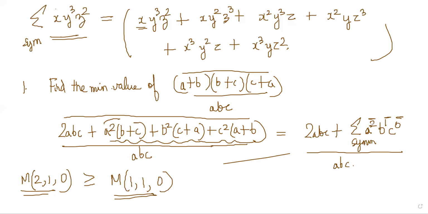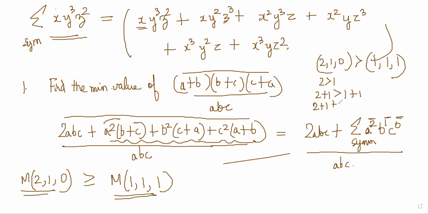Not 110 actually, because it has to add up to the same thing. So it will be 111. 2 plus 1 is 3, and 1 plus 1 plus 1 is also 3, right? So the 210 sequence majorizes this because 2 is greater than 1, 2 plus 1 is greater than 1 plus 1, and 2 plus 1 plus 0 is equal to 1 plus 1 plus 1, right?